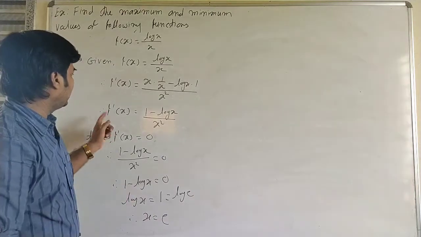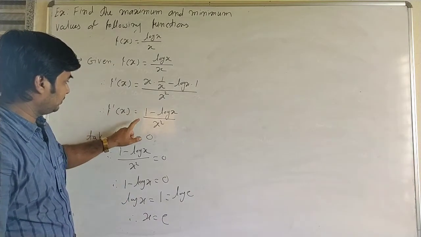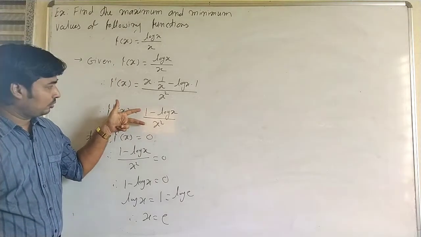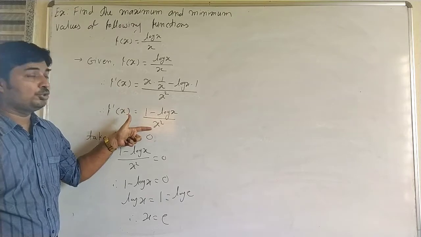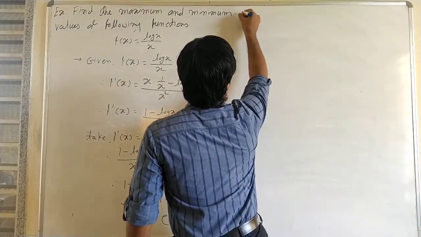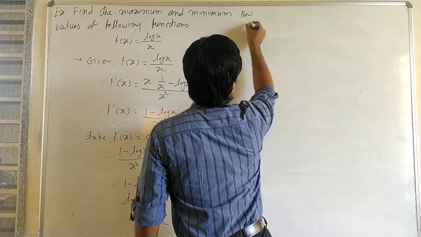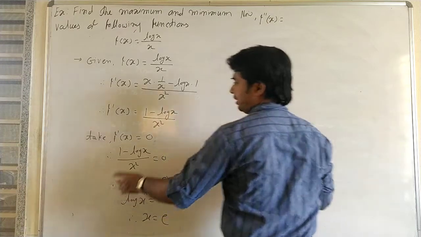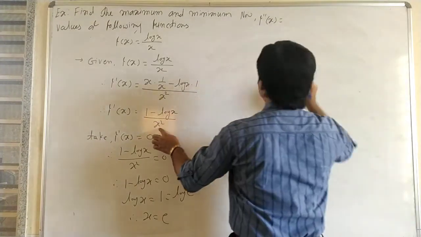Now we find the second derivative. It is f of x and it is f dash of x. Now we find the second derivative of this function. Again we use u by v. Now f double dash of x, here it is u and it is v.